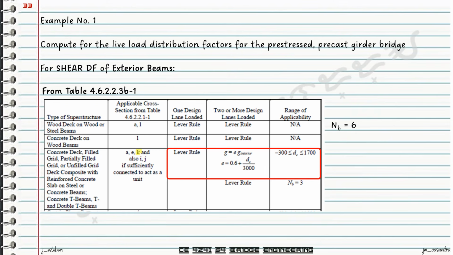Okay? So with that, let's check the condition. DE is equal to 910. So therefore, we are okay to use the equations for the shear distribution factor for exterior beams.